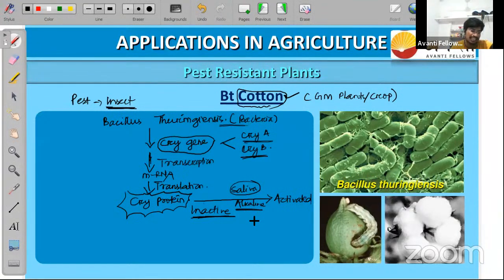In Bacillus thuringiensis, they have a cry gene, they undergo transcription and translation, and they produce cryoprotein, which is inactive. This protein will get activated in alkaline medium, and when it is getting activated, it will turn into a toxic substance.